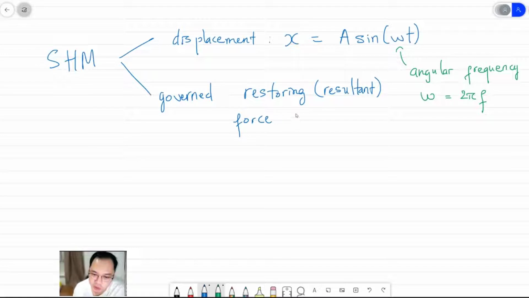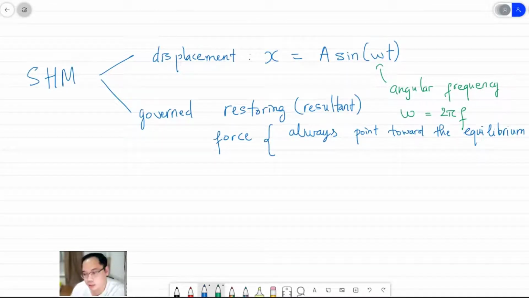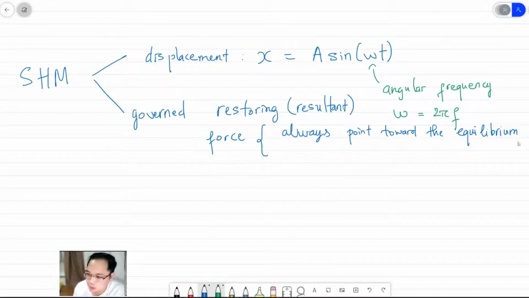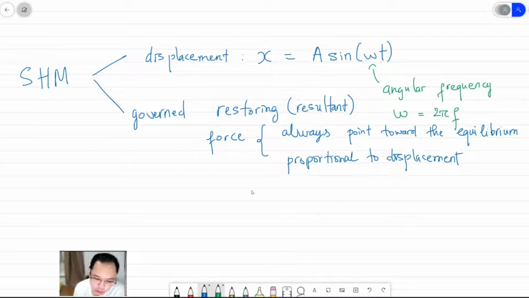Restoring force means that the direction of the force is always pointed toward the equilibrium position. And the magnitude of the force is proportional to the displacement. So the force is written as minus k times displacement x.